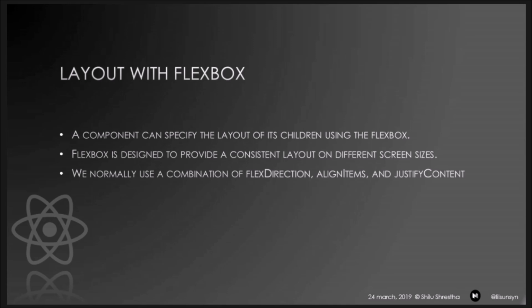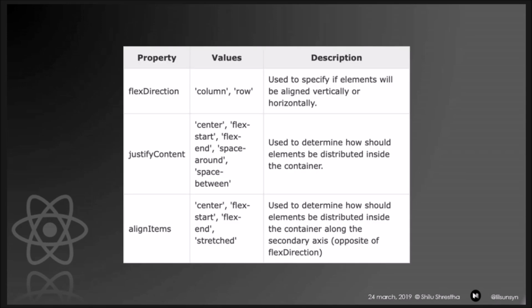So we have three combinations that we use with Flexbox. A little overview of that is in this slide. We use flex direction to decide how we want to arrange our content, column-wise or row-wise. Similarly, justify content, like center or to the bottom, and so on. So we have these three elements.